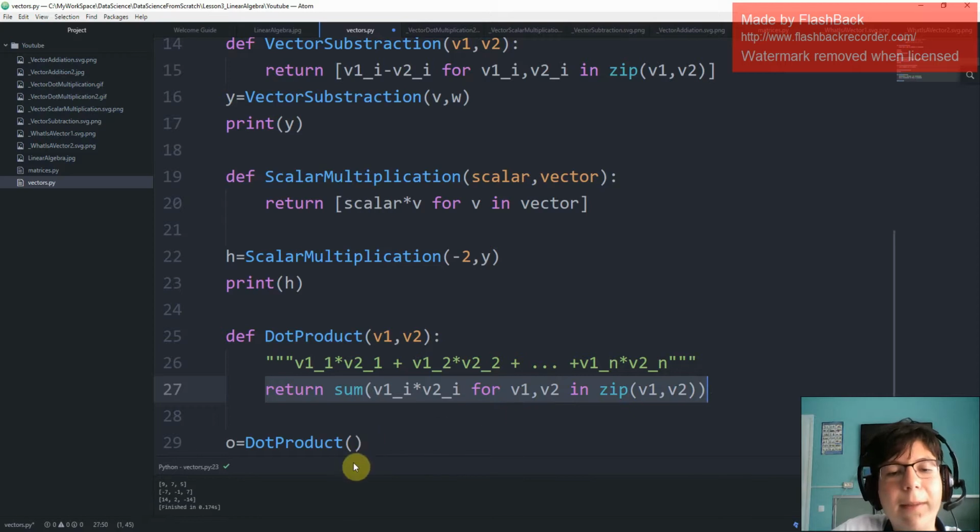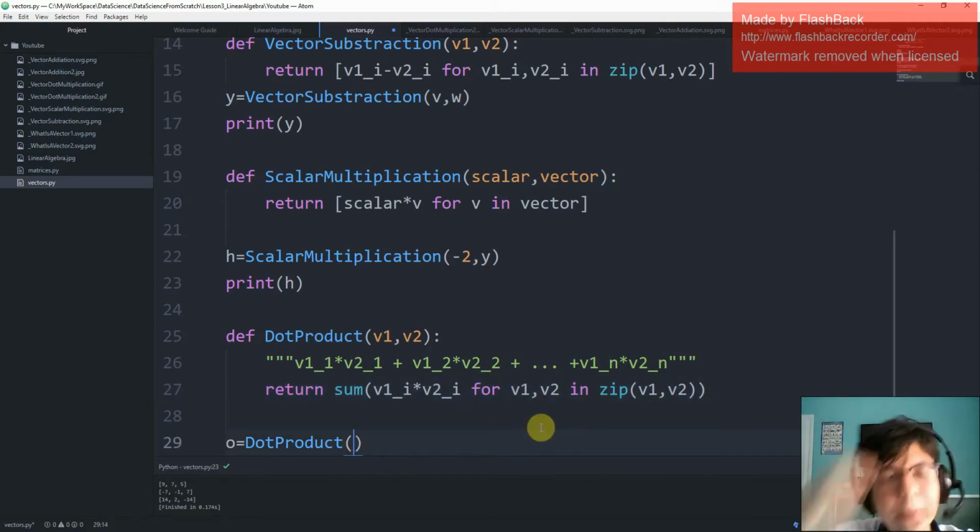It was my mistake. I said that O is a vector, but actually it isn't. It is actually a number. So enough of this, let's continue.